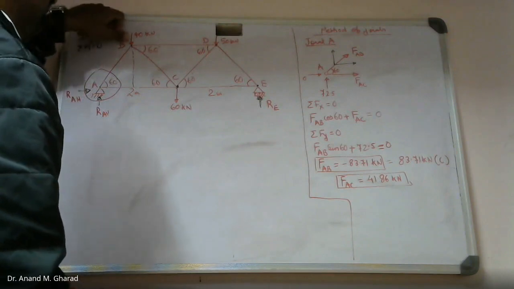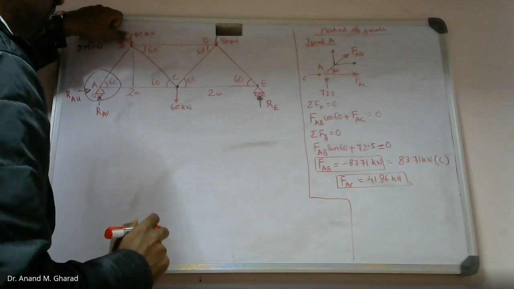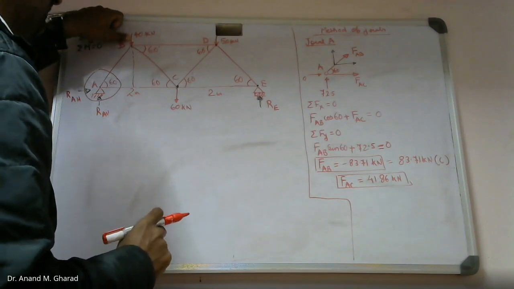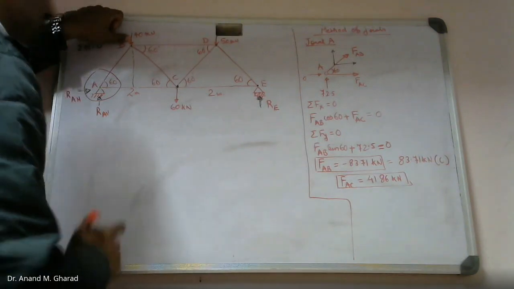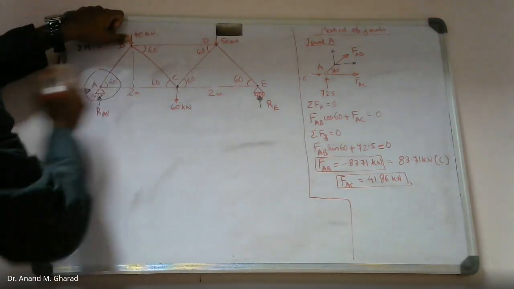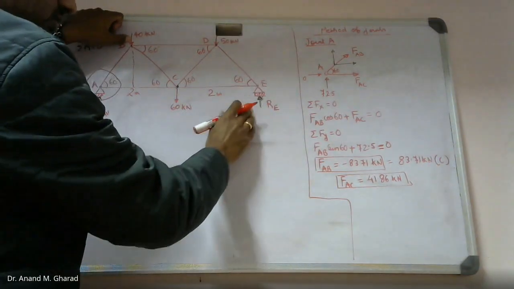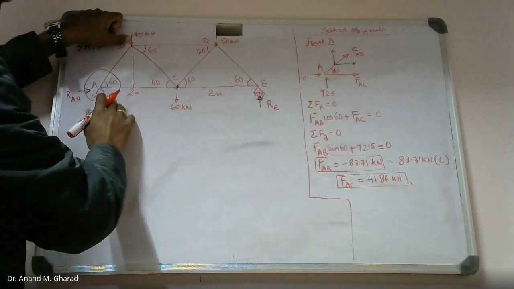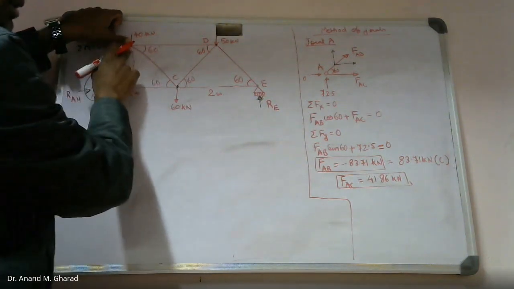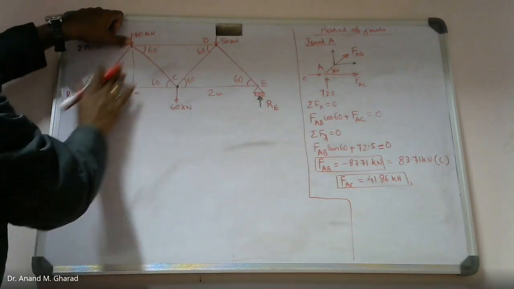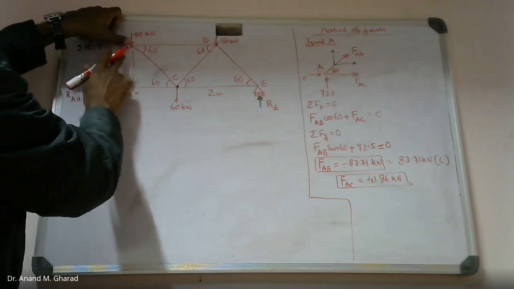Fine. Then you choose such a joint where you will find that there are maximum number of knowns and minimum unknowns. So that is why I chose joint A first. I could have considered E also. There was no harm, but I have started with A. If I would have considered joint B initially, how many unknowns would have been there?